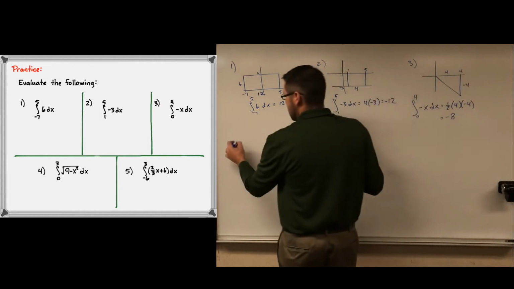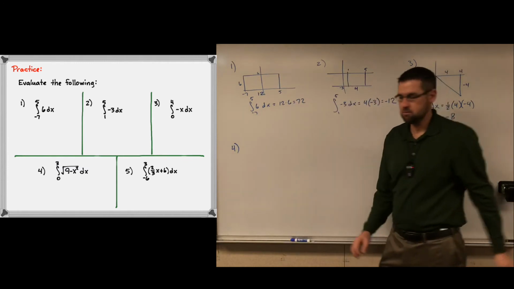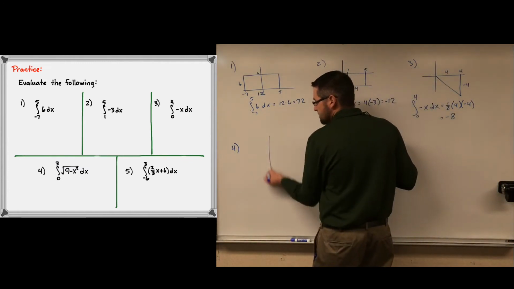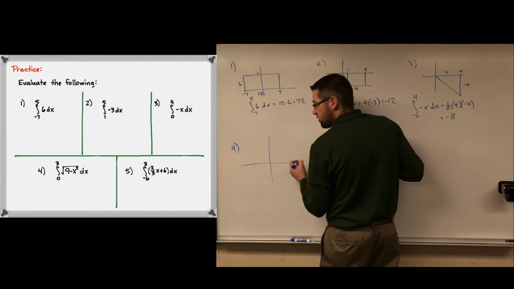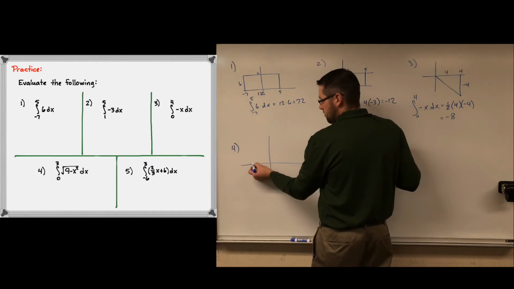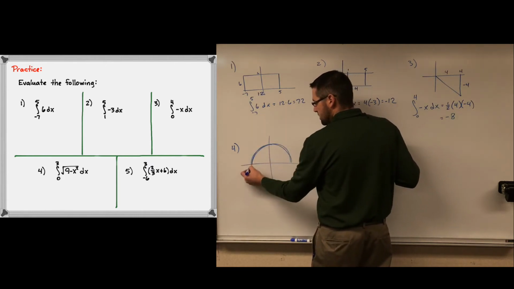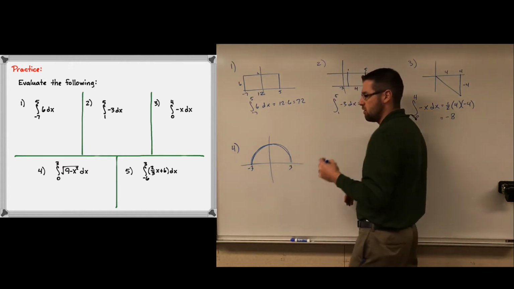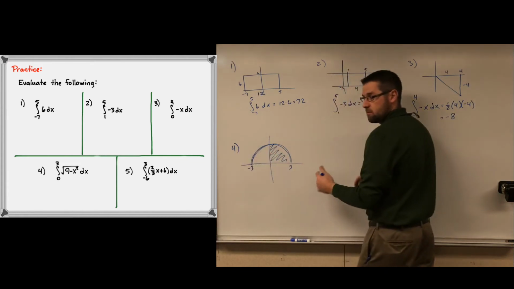Okay. And then 4. What do you guys know about this one? It's a semicircle. The function is a semicircle with a radius of 3, centered at the origin. So this is negative 3, this is 3. I am looking for the integral from 0 to 3, so I don't care about that part of it, right?